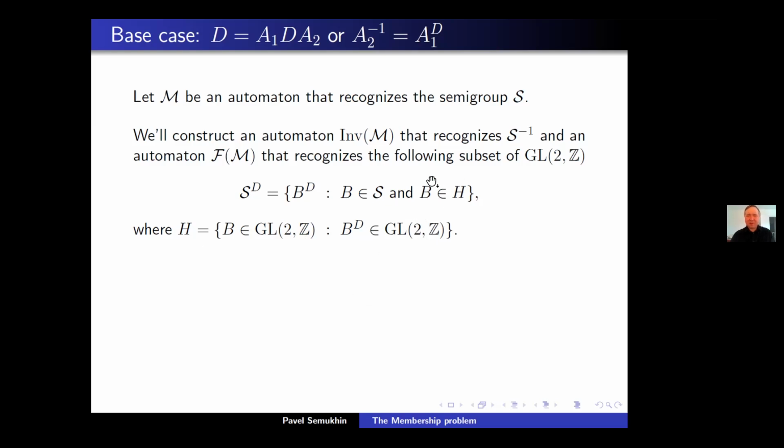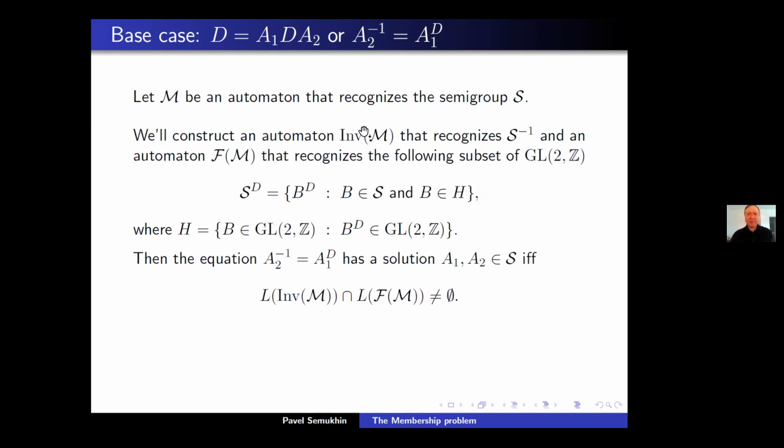So if we add this extra condition, we will have that B conjugated with D will be an element of GL2Z. So this set, which I called S conjugated with D, is a subset of GL2Z. And the main step in the proof is to show that this set is a regular set. We prove it by constructing an automaton, which will be called F of M, which recognizes this set here.